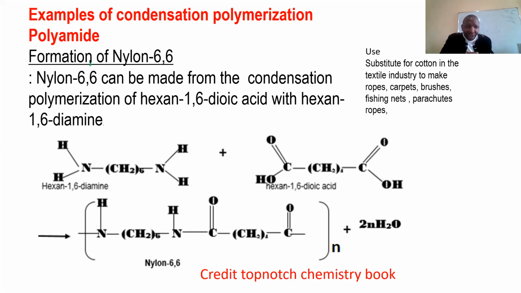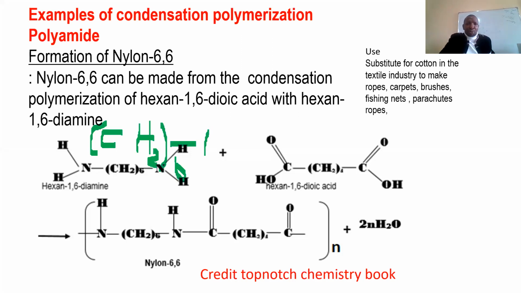For nylon 66, the monomer is hexane-1,6-diamine. It is drawn like this: CH2, 6 of them, and then there is an amine group.